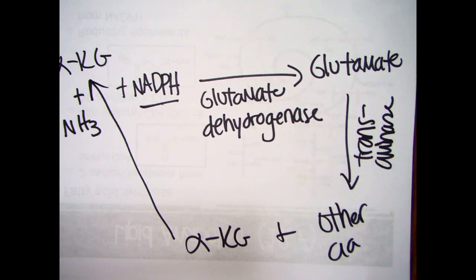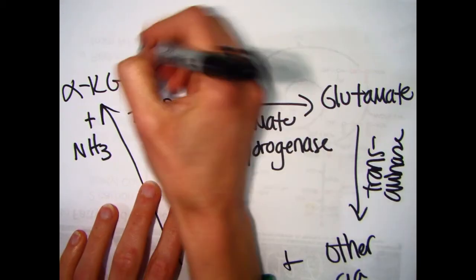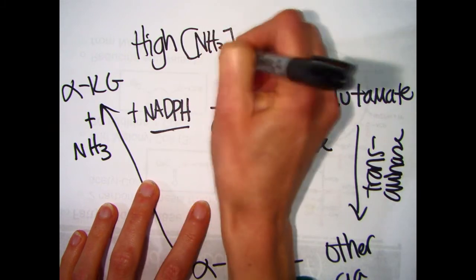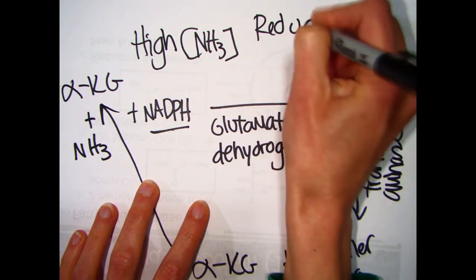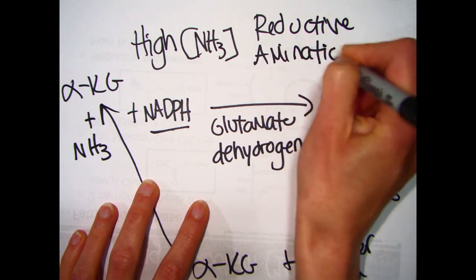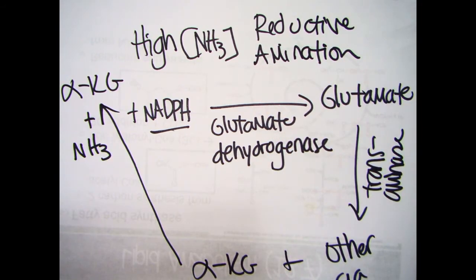Okay, so this is the high concentration of ammonia, which is also called the reductive amination pathway. This is it right here.